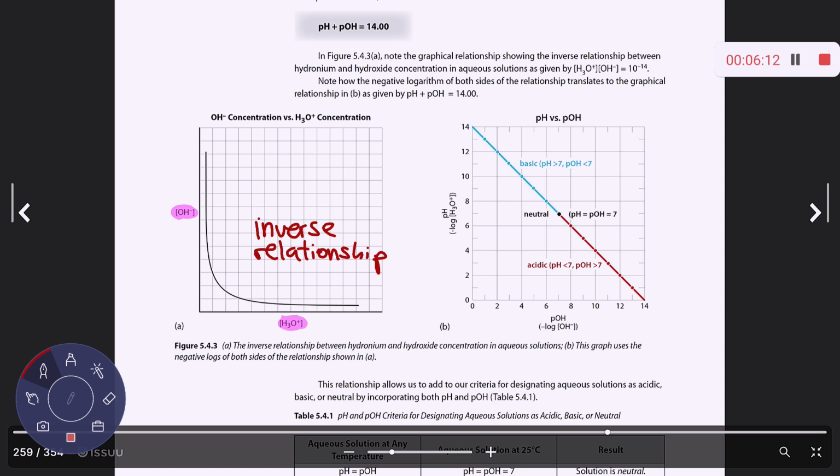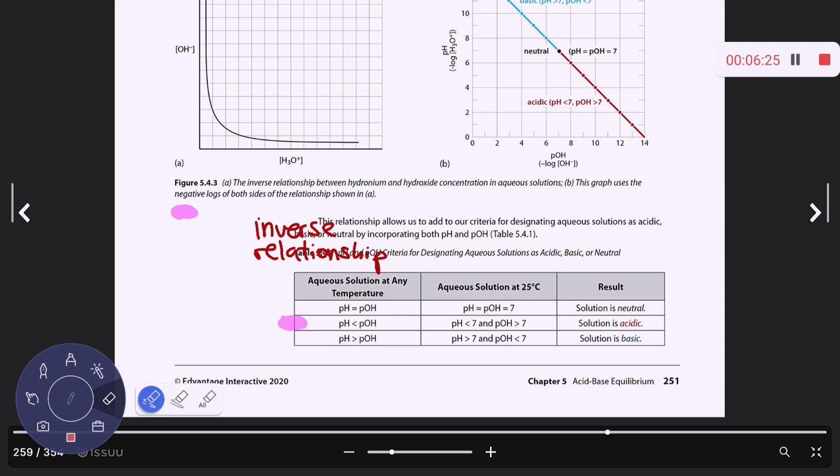At the bottom of the page, we've got more information on pH and pOH relationships for different types of solutions. If pH equals pOH, we have a neutral solution, meaning both values would be 7. If pH is less than the pOH, it's acidic. If pH is greater than the pOH, it's basic.